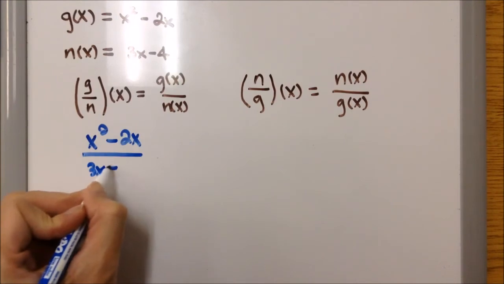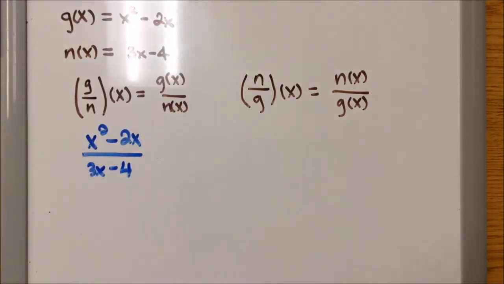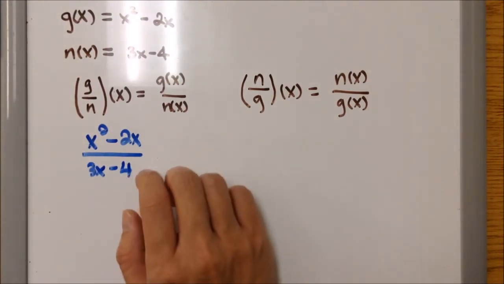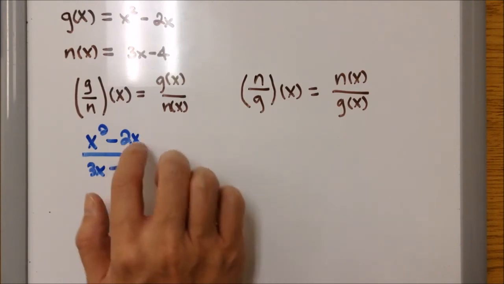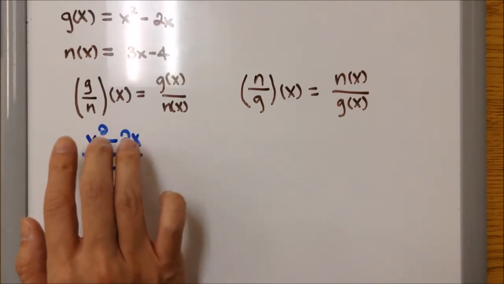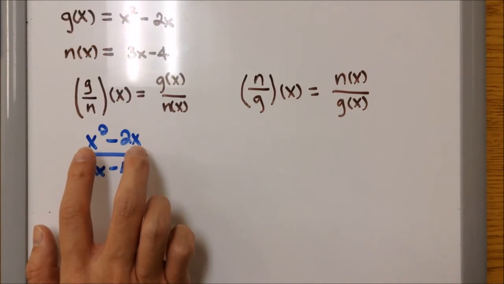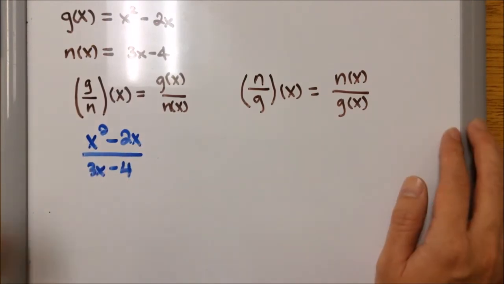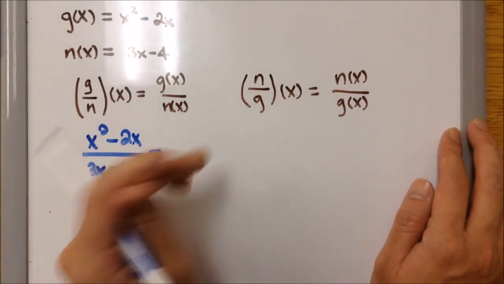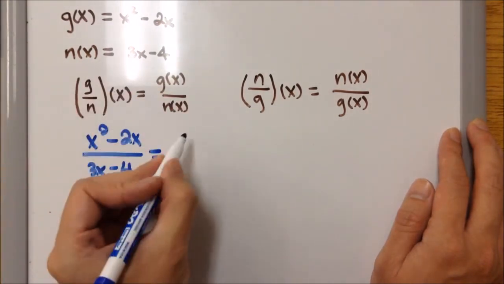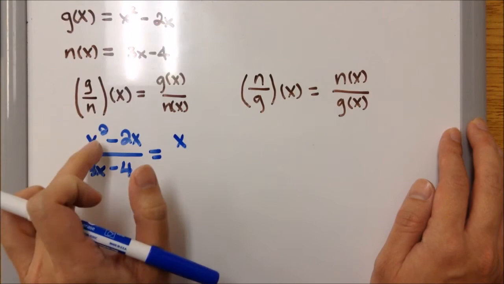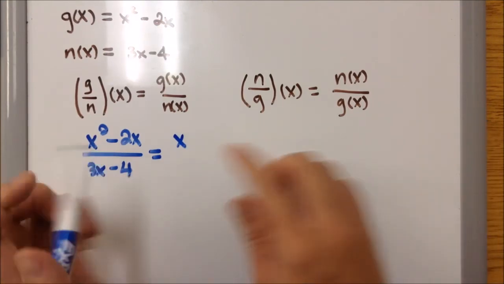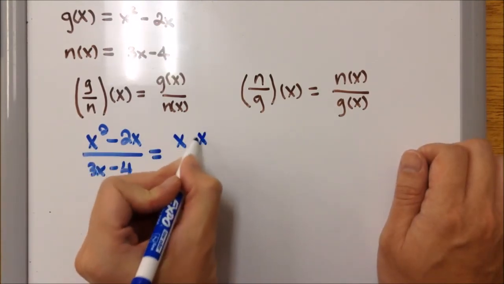So x squared minus 2x over 3x minus 4. Alright, now if I were to check to simplify, I can factor out the x here. So these two terms both have x. So what I'm going to do is factor out the x. So x squared divided by x will just be x.